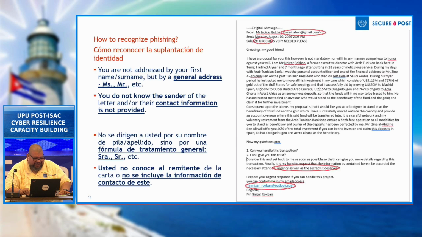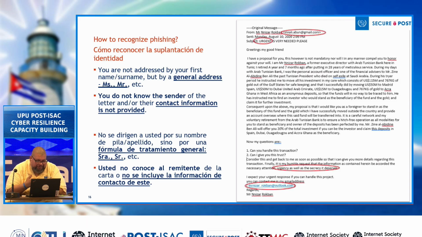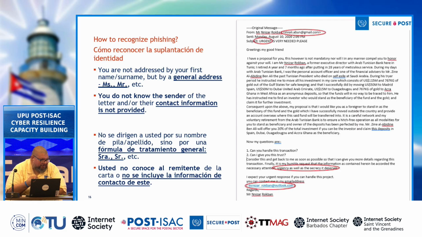So what is phishing? Here are some examples of what phishing looks like. You're not addressed by your first name. You're addressed by a general greeting: my friend, madam, sir/madam, etc. Normally, you don't know the sender of the information.